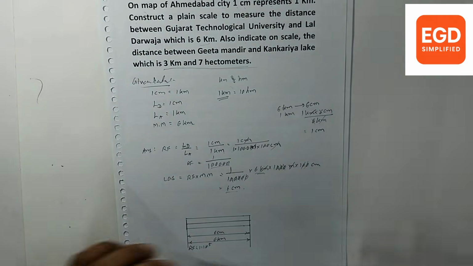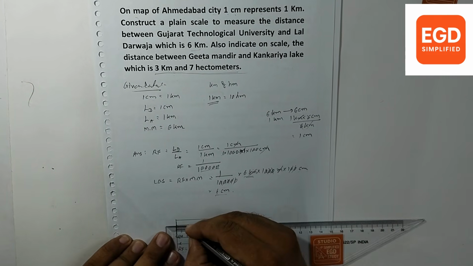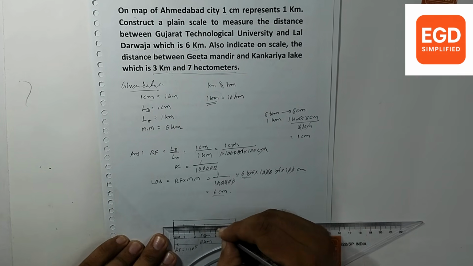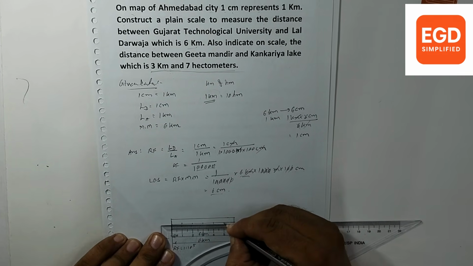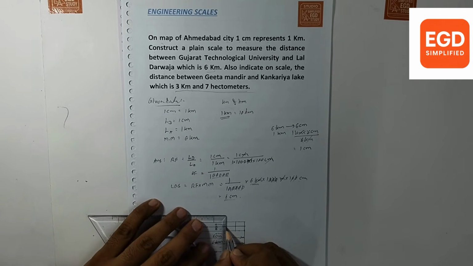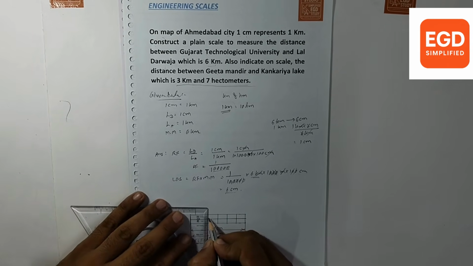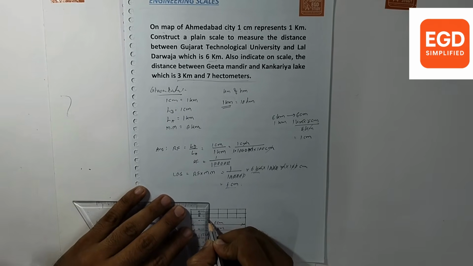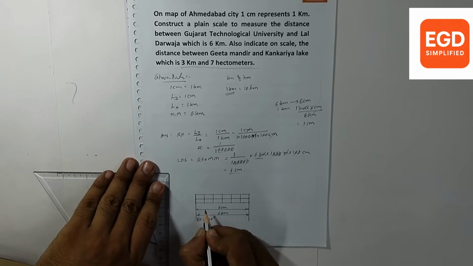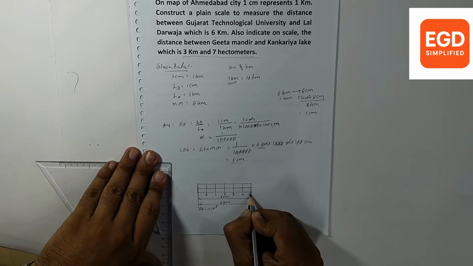So at every 1 centimeter we will plot a division. So plot lines and make each division. Leave the first division, give 0, 1, 2, 3, 4 and 5 numberings.